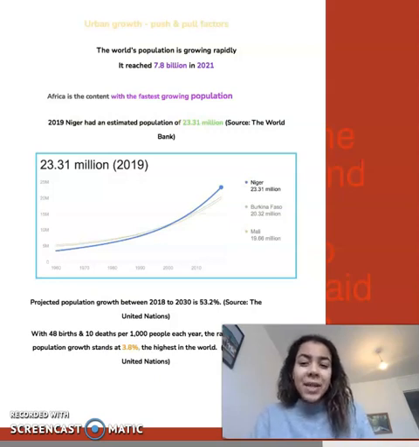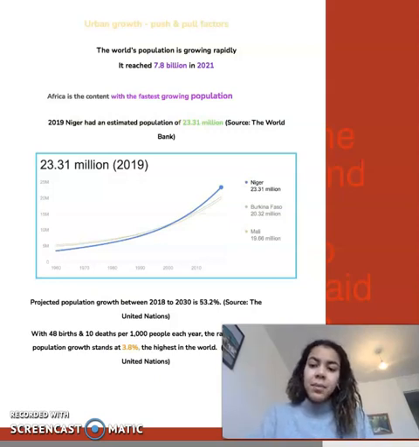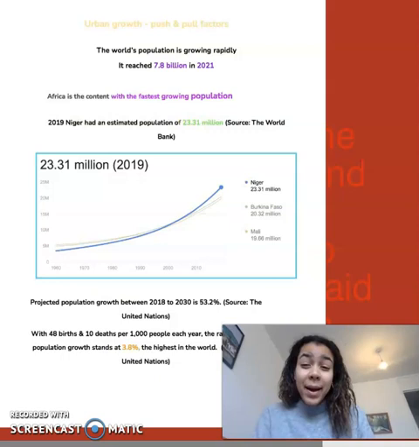The projected population growth between 2018 to 2030 in this African nation is 53.2%. With 48 births and 10 deaths per 1,000 people each year, the rate of natural population growth in this African country stands at 3.8%, the highest in the world.